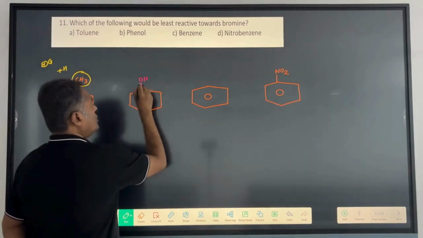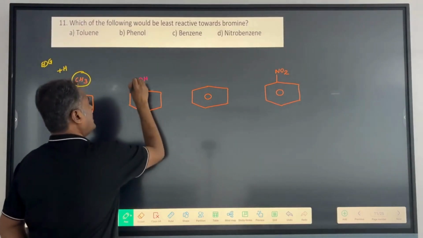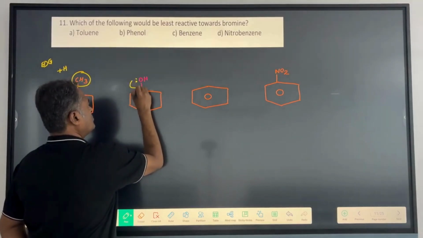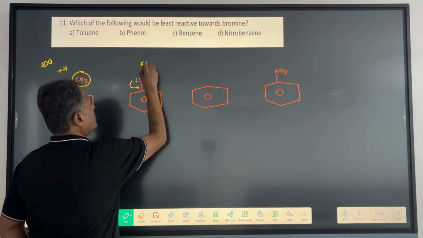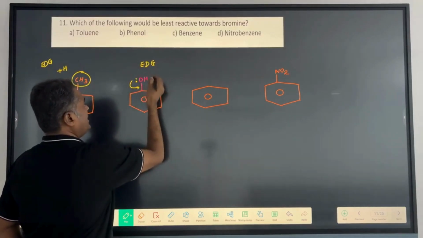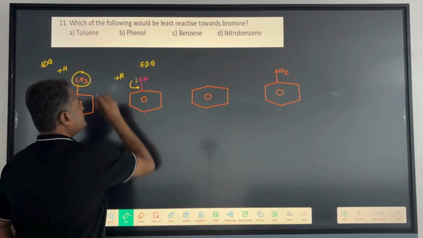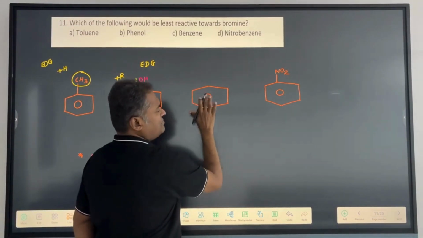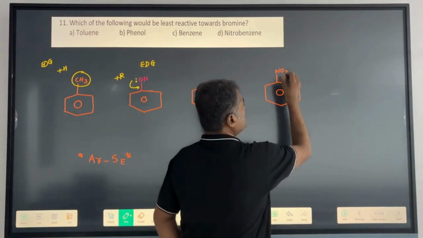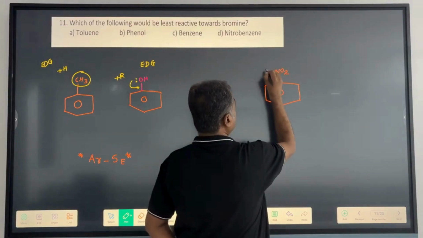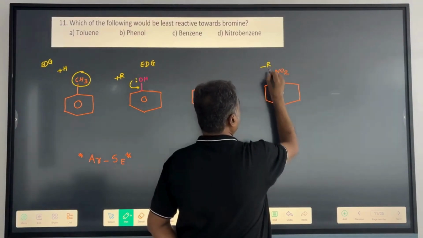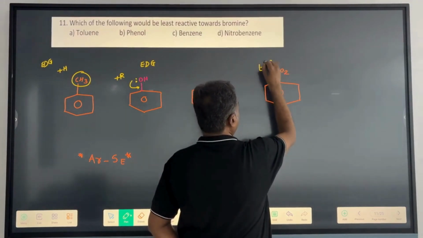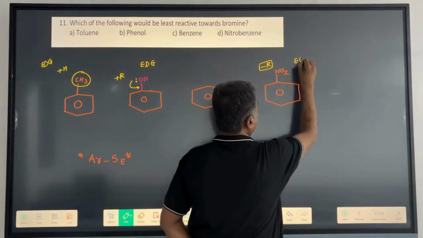Now here, OH group when attached to a benzene, again it contains a lone pair, so it will be used as a donating. So this group is electron donating group, and this will be according to plus R. Now in the second example, I think so there is no group, it will show normal factor. Whereas in this case, you have got nitro group, and nitro group shows minus R effect, and nature wise it's an electron withdrawing group.